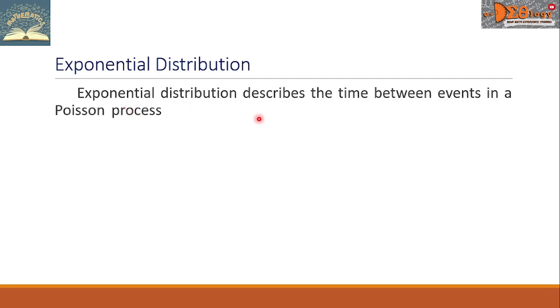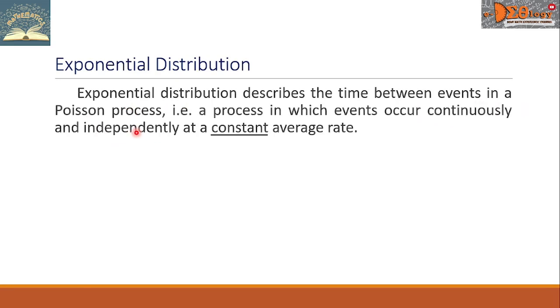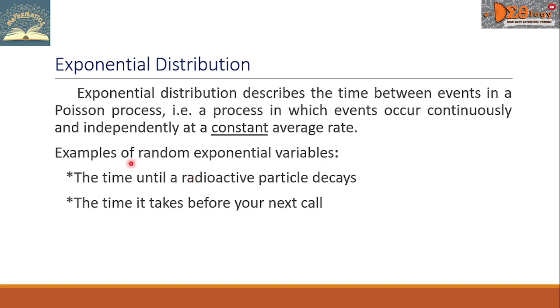Exponential distribution describes the time between events in a Poisson process. That means a process in which events occur continuously and independently at a constant average rate. Examples of random exponential variables are the time until a radioactive particle decays.